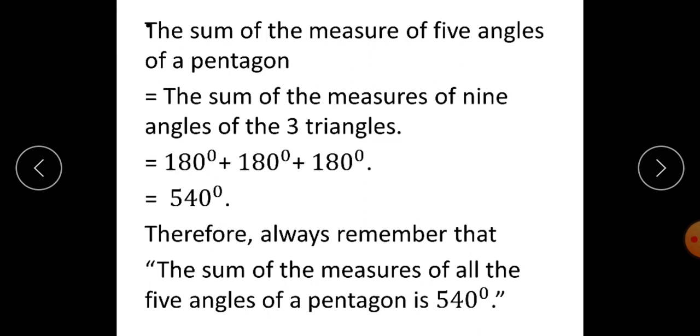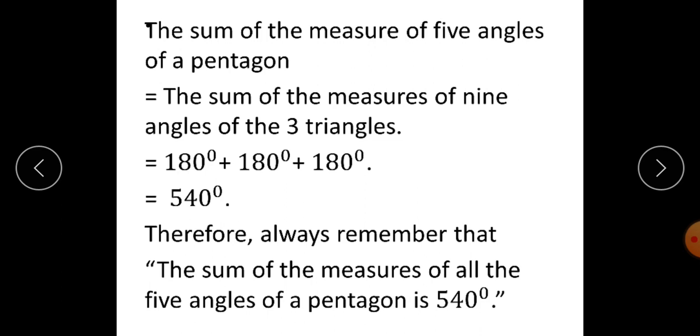We also know that the sum of the measures of all the four angles of any quadrilateral is equal to 360 degrees, and the sum of all the five angles of any pentagon is equal to 540 degrees.